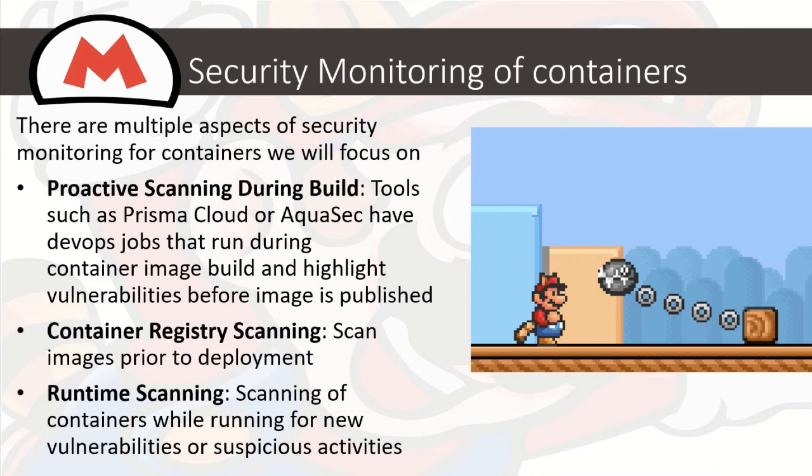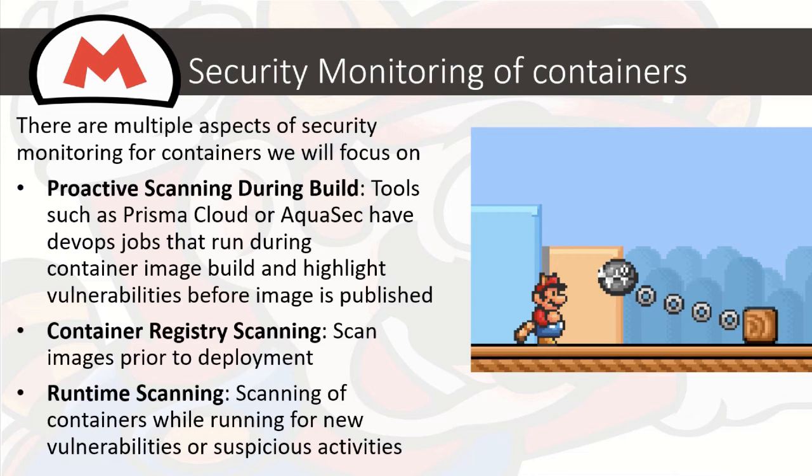Other than that, if we miss that step and we publish an image to the image registry, we do have, again, tools there which scan everything, and they let us know if an image has become vulnerable over the last few days because of a new vulnerability discovered in the version of the environment that they've been using.